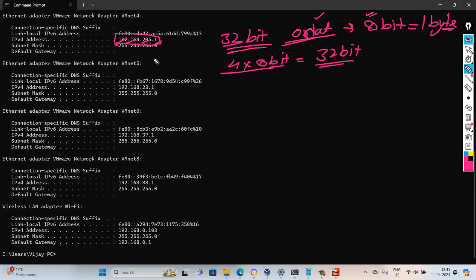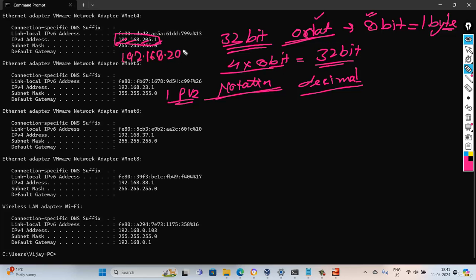Okay, and then the notation. Notation means how you will write the IP address, how you will write IPv4. The notation is a decimal value, because you can see what we are writing here, like 192.168.205.1.